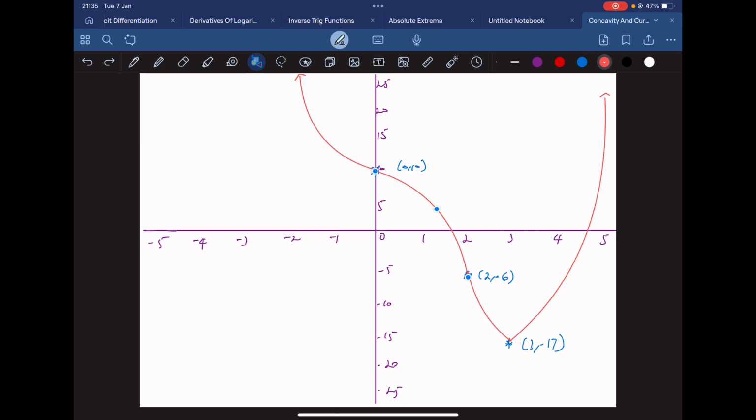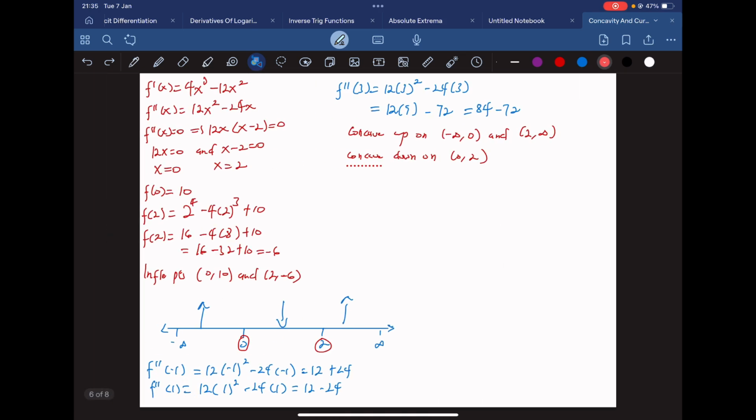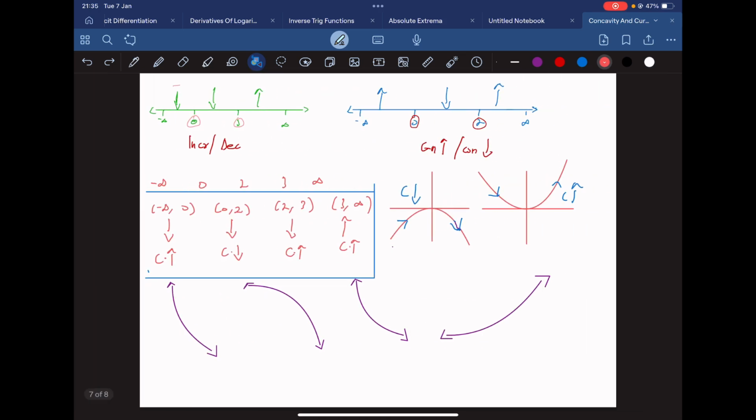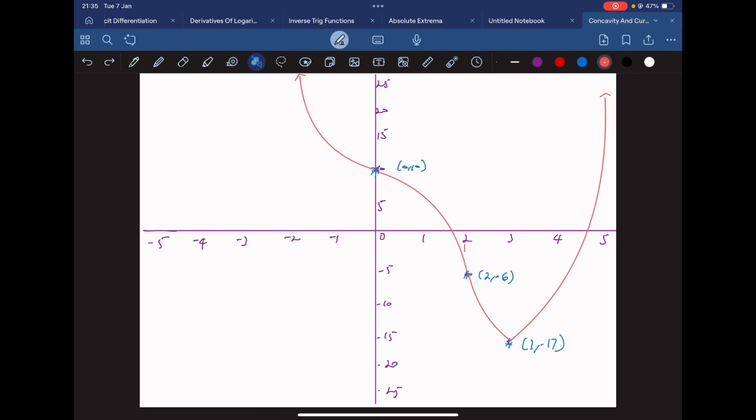Clearly you see that from here is 2, right? From 2 to infinity, we also see a U shape. So this means our graph is correct. Also, it was concave down on 0 to 2. This is 0, this is 2. Clearly over here, you can see that it bends down. So that is also correct.